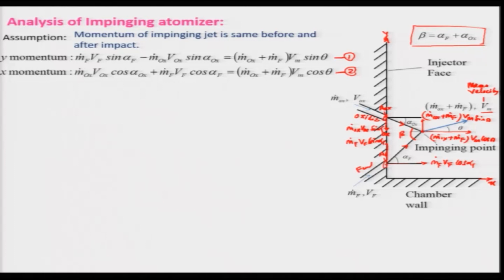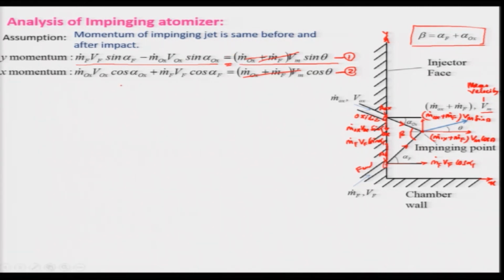Now, if I divide equation 1 by equation 2, you can get this very easily, and this portion will cancel out.